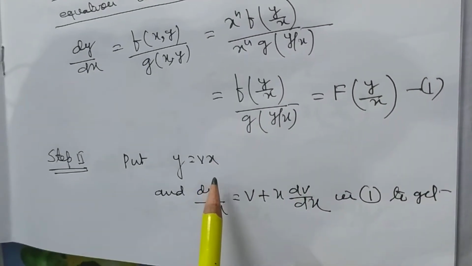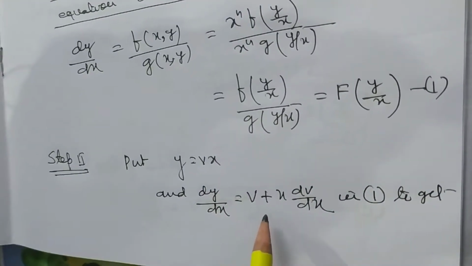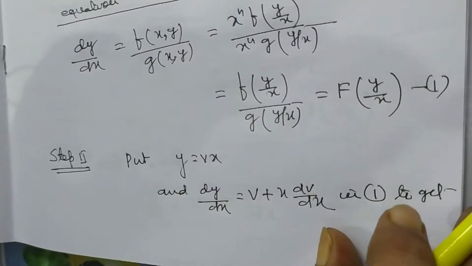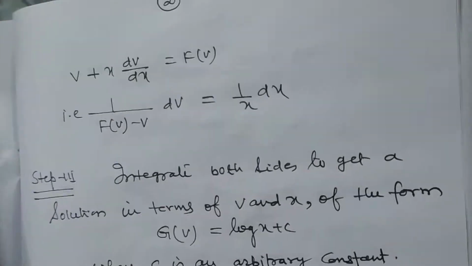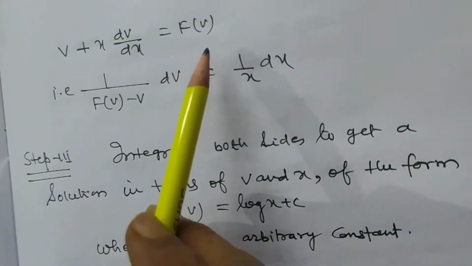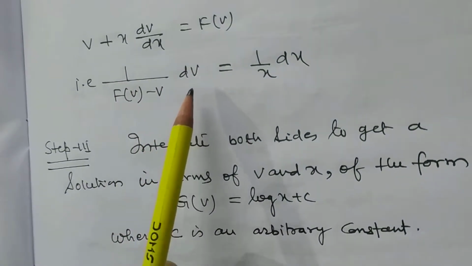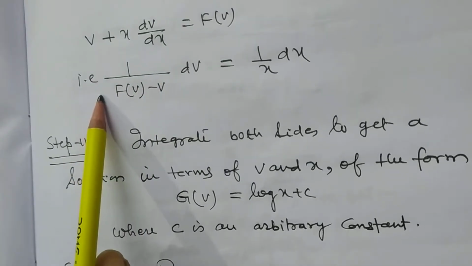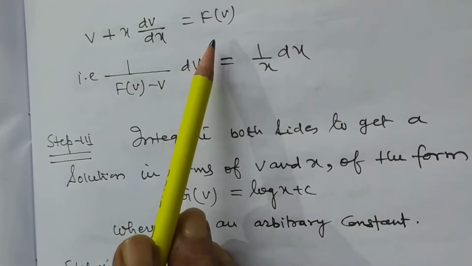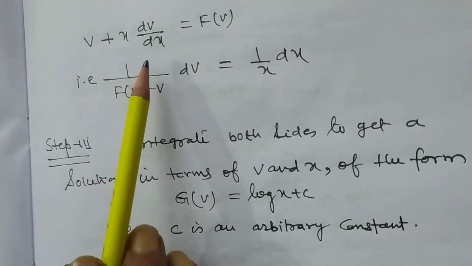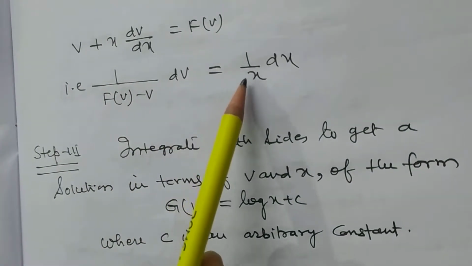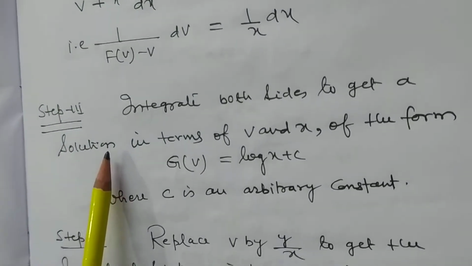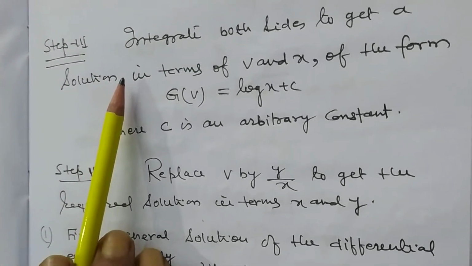And by putting y = vx, we have dy/dx = v + x dv/dx. So v + x dv/dx = F(v). Now, transposing the term from right to left, we have 1/(F(v) - v) dv = 1/x dx.